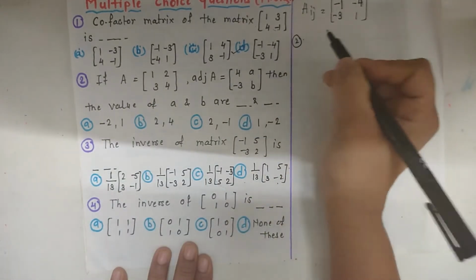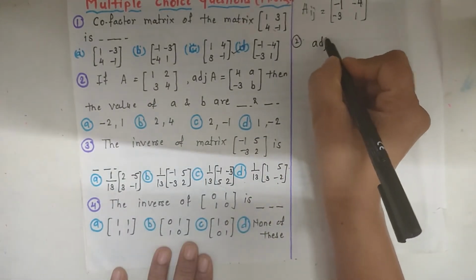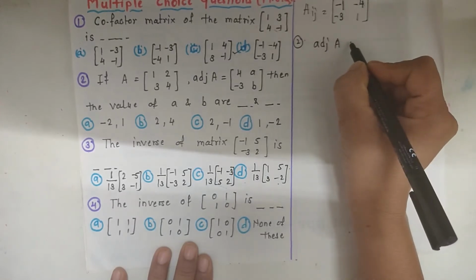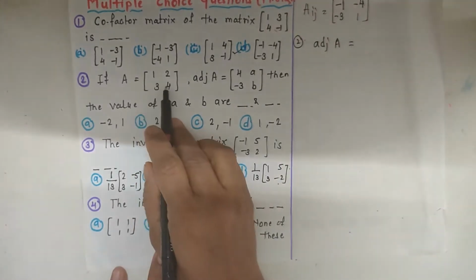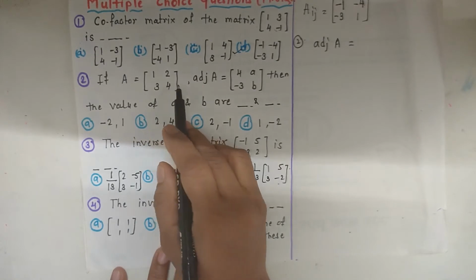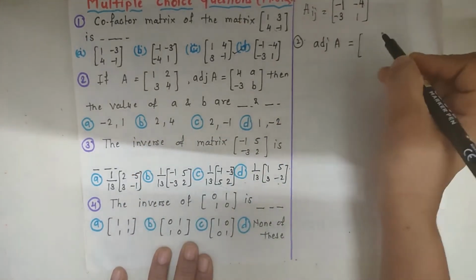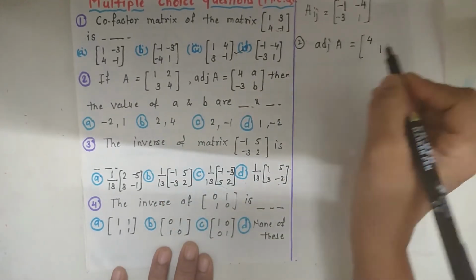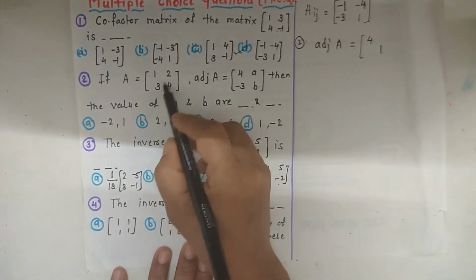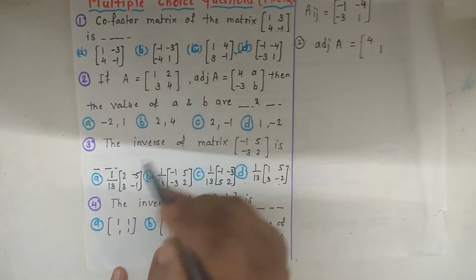For the second MCQ, the adjoint of A is obtained by exchanging the diagonal elements, that is 4 and 1, and exchanging the sign only of the non-diagonal elements.